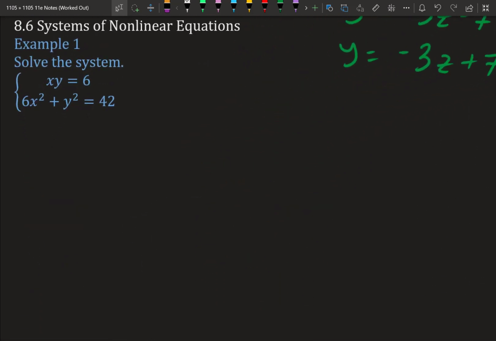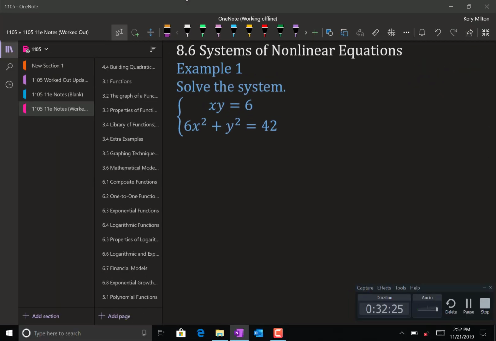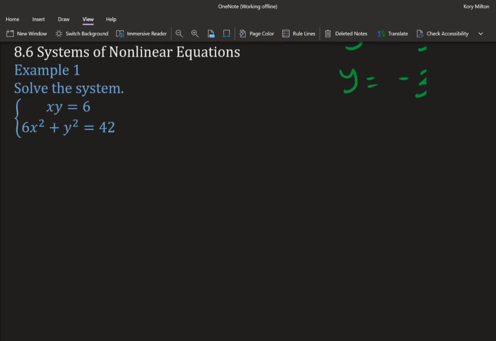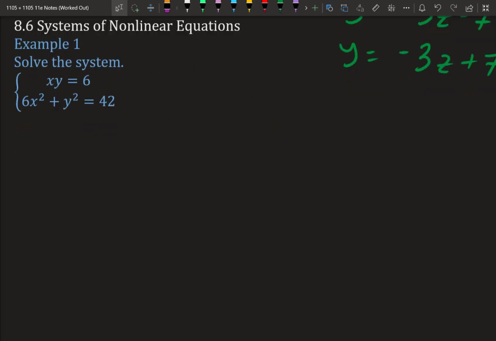Alright, 8.6. Systems of non-linear equations. Now we're solving systems of non-linear equations. So, to solve this system, you can use elimination, you can use substitution. There is a right way, but you can get to the answer regardless. It doesn't matter.